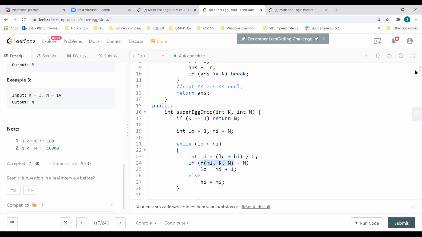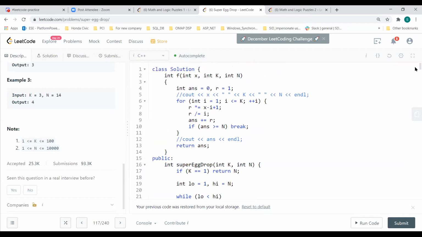And this function is slightly different in the sense that it represents eggs. So you go from your first egg to the max number of eggs, and every time you store that value. Your x is a floor value, because this will be your mid value.